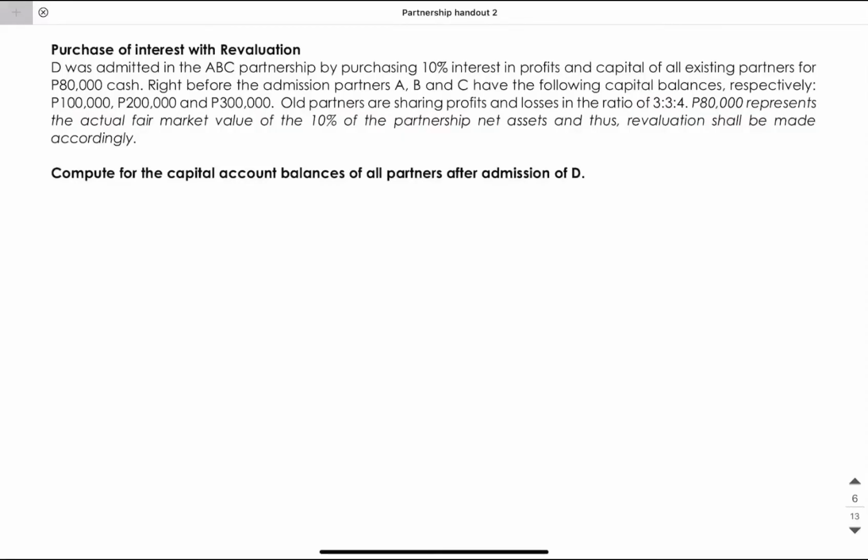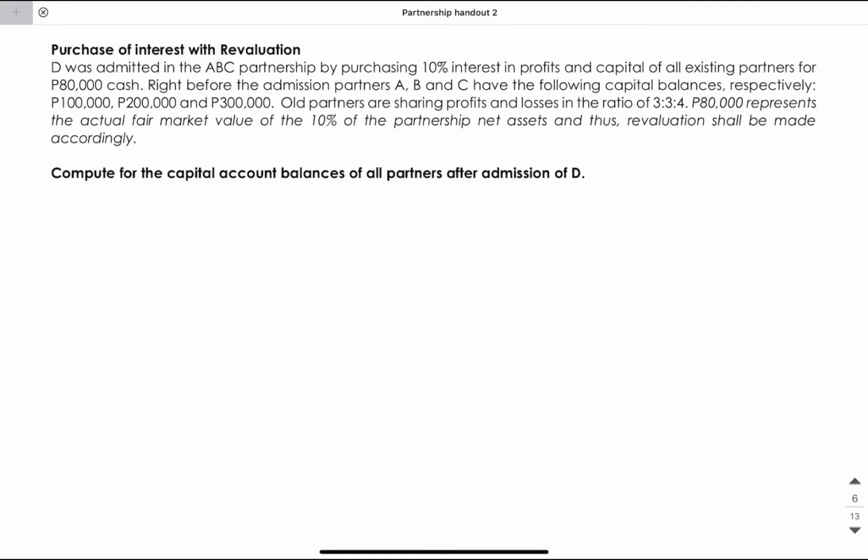Next, we illustrate the effect of revaluation of assets by answering the following problems. So first, D was admitted in the ABC partnership by purchasing 10% interest in profits and capital of all existing partners for 80,000 pesos cash.